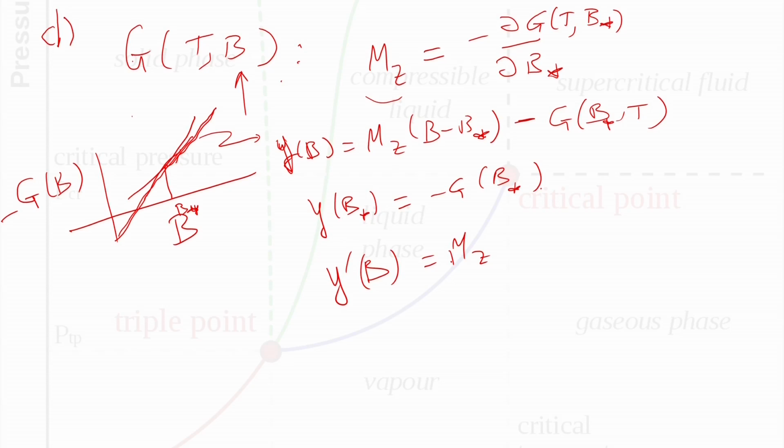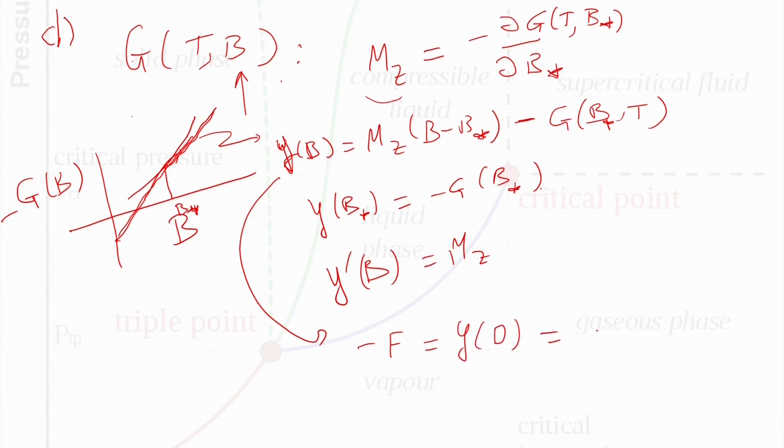So if this is the case, then the free energy is going to be defined as the negative of the intercept. So, I define the free energy as y at 0.